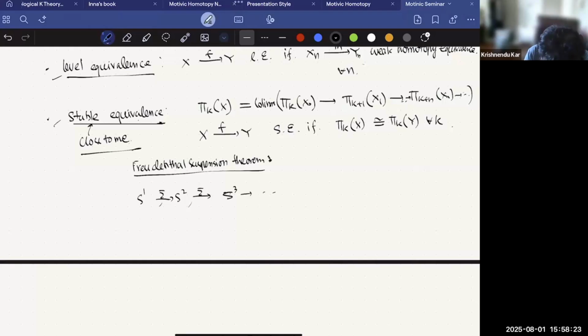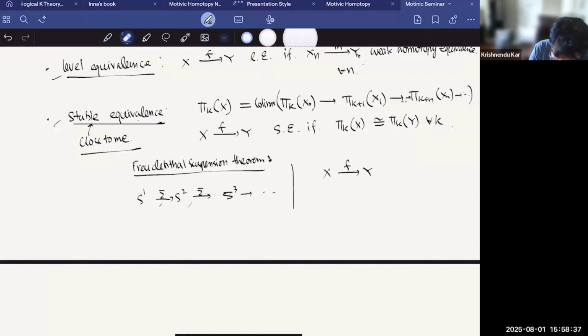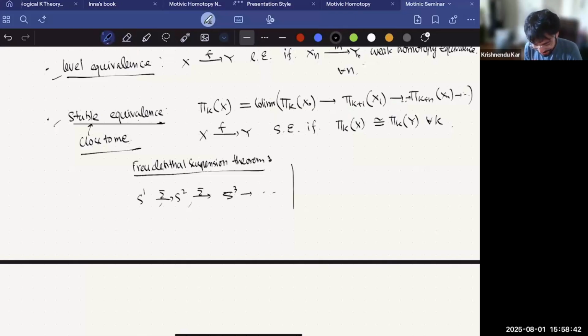If you can recall it, Guanu, I would like you to, but that essentially tells you this. After taking enough suspensions, your homotopy groups will stabilize, and that homotopy group is called the stable homotopy group of the sphere. This is true for all CW complexes.